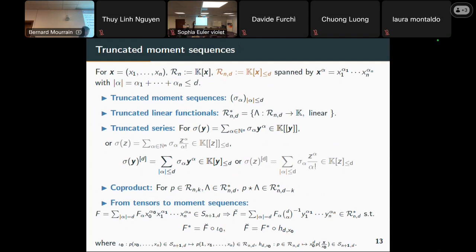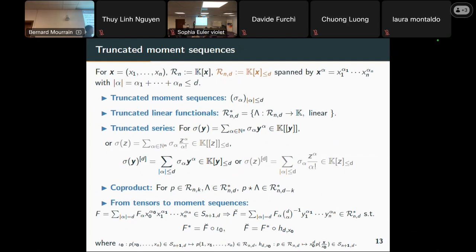Given a symmetric polynomial or symmetric tensor of order d, which is written in this way, here we have f alpha, the coefficient, and now I write the variables, starting from 0: x0 to the alpha 0, x1 to the alpha 1, and so on, with the sum of the alpha i equal to d. So this is a form in n plus 1 variables of degree d.